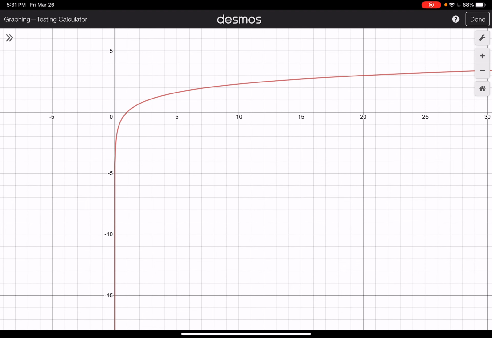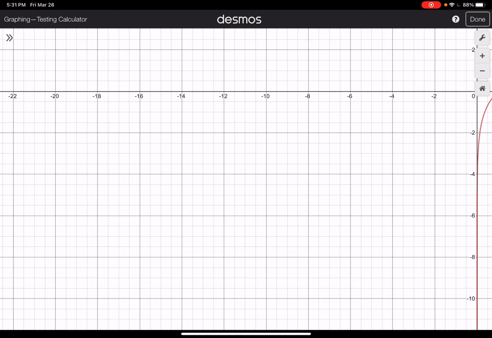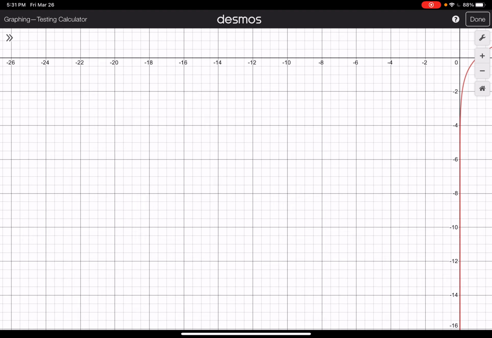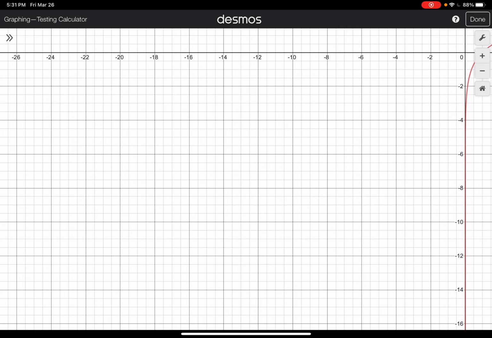Notice what happens. The x values for a ln function or a log function or any log function, the domain, which is the x values, go from 0 to infinity, but not including 0. So that means you can never find any ln or log of a negative number because the log graph doesn't exist on the negative side of the x values.